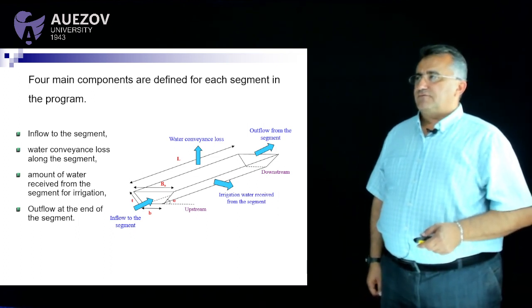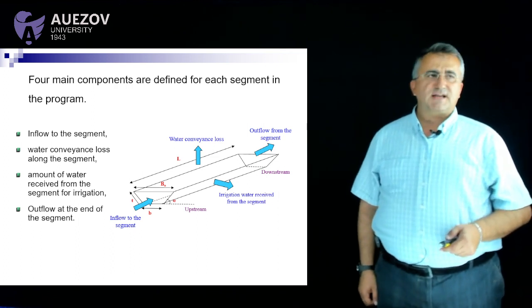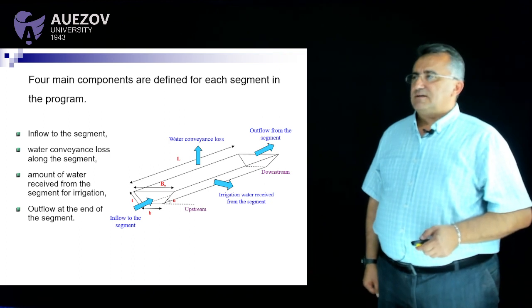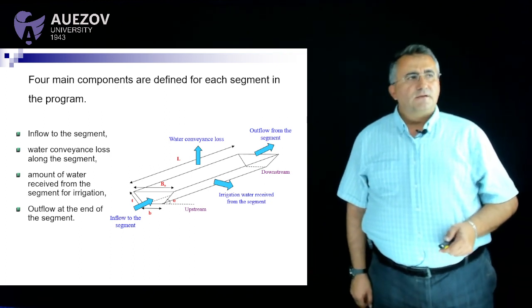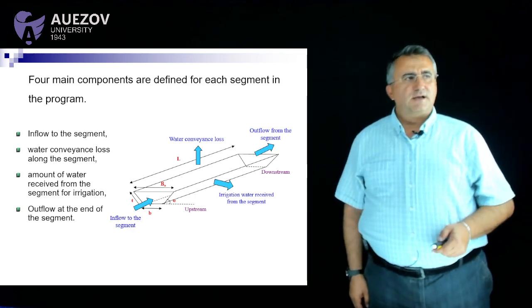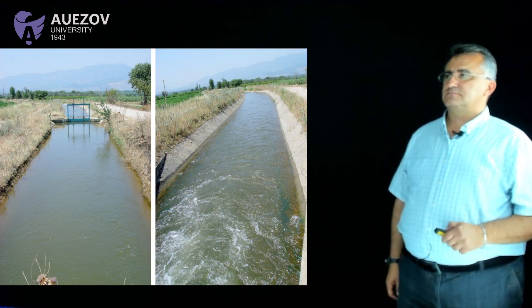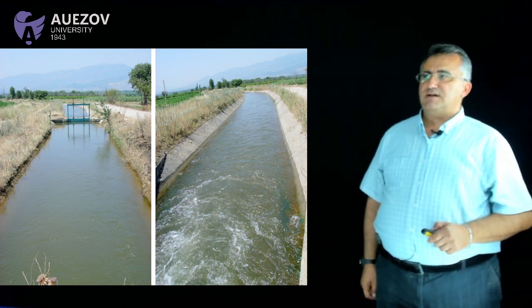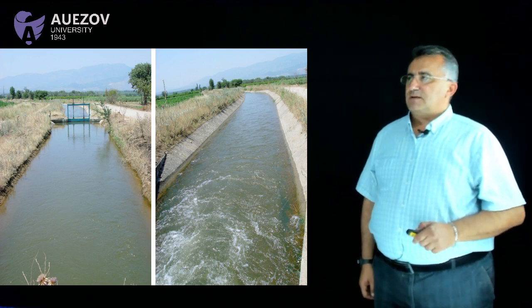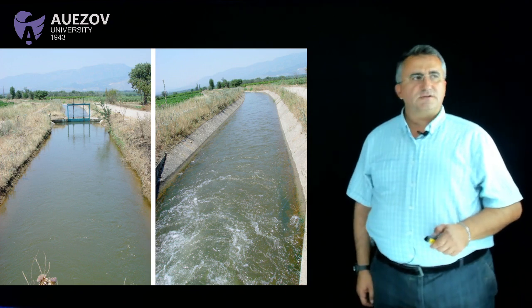And the fourth one, outflow at the end of the segment. So we can see the properties of water flow in an open canal segment. Here we can also see different segments of the irrigation water network.